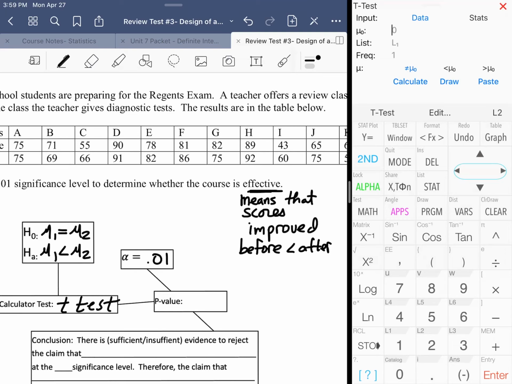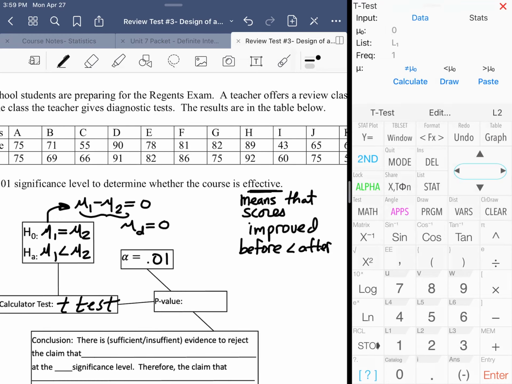We have raw data in our calculators. The mu sub 0 for a matched pairs test is always going to be equal to 0, or at least as far as we're concerned. And that's because if mu1 is equal to mu2, that's because mu1 minus mu2 is equal to 0.